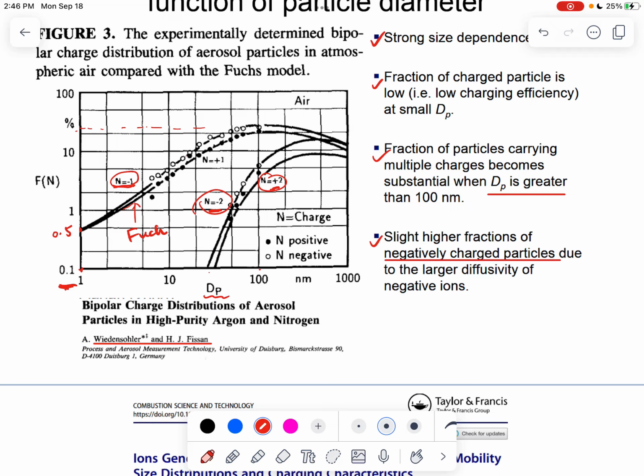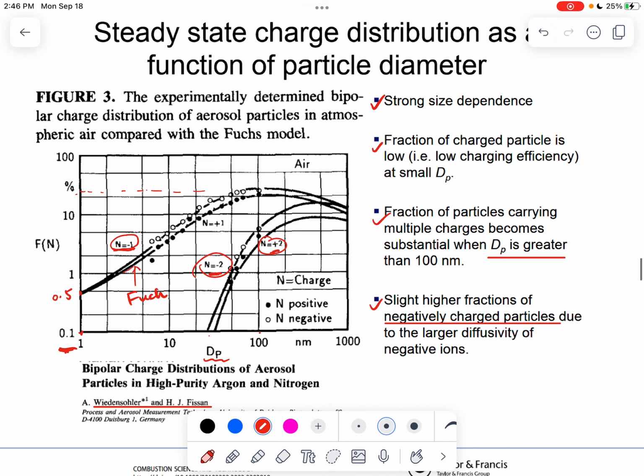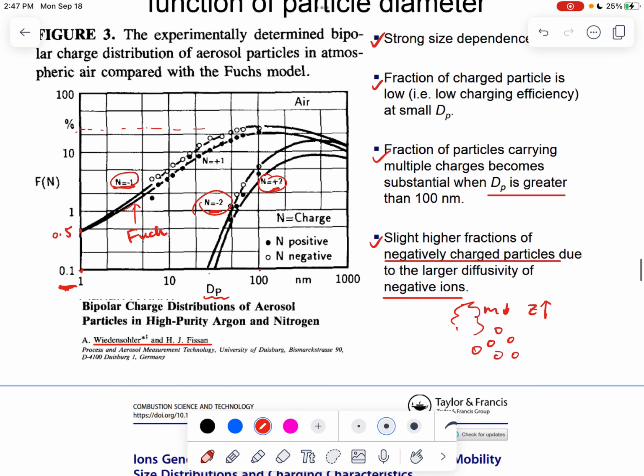The reason is that for the ions generated from the neutralizers, from soft X-ray, or in our ambient environments, these negative ions have smaller sizes and larger electrical mobility or larger diffusivity. Their mass is smaller, so their mobility is larger. These ions are basically more mobile, so they can charge these particles more easily.